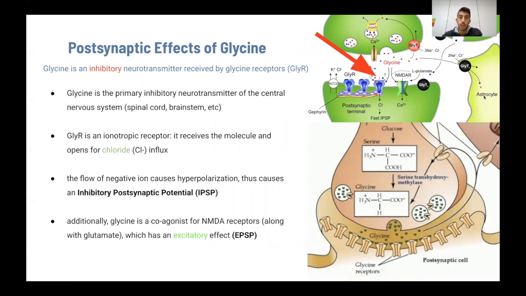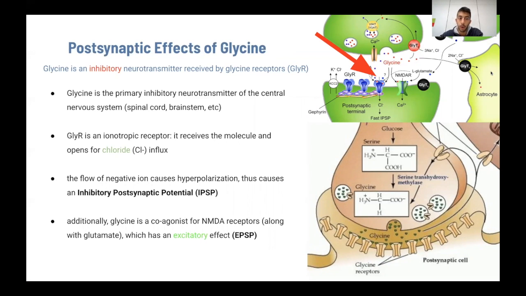So how does glycine cause an effect after this in the synapse? Glycine is itself an inhibitory neurotransmitter, and it gets received by glycine receptors, which are ionotropic receptors that receive the molecule and open themselves for the influx of chloride.